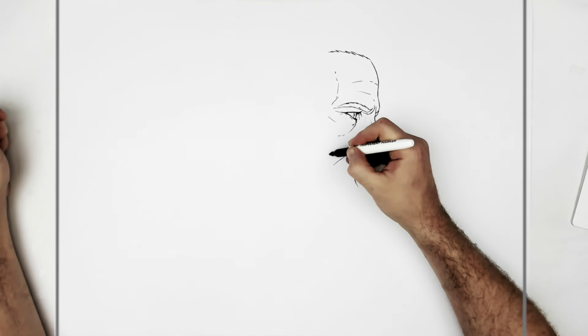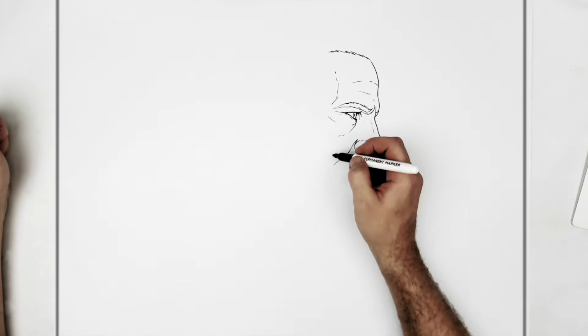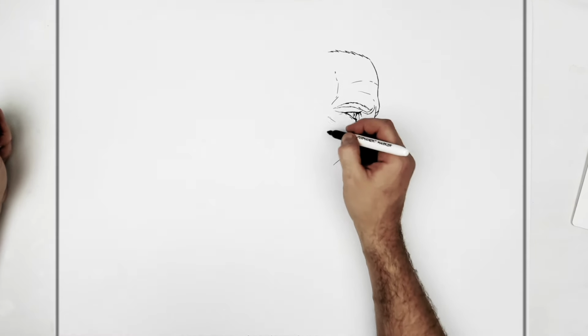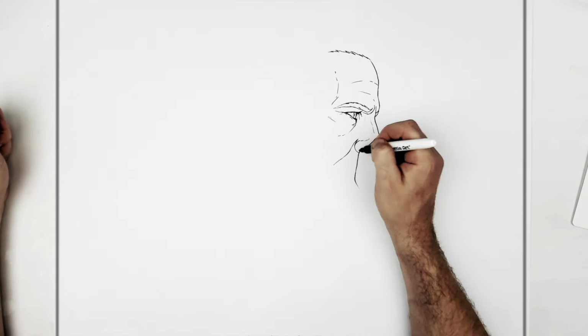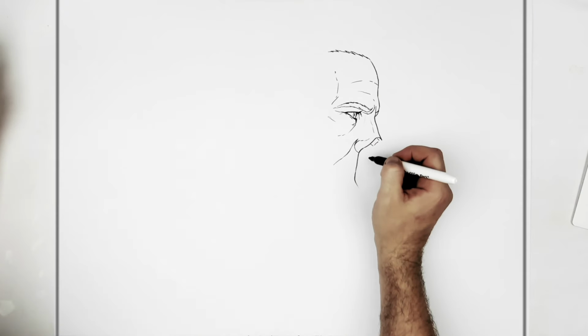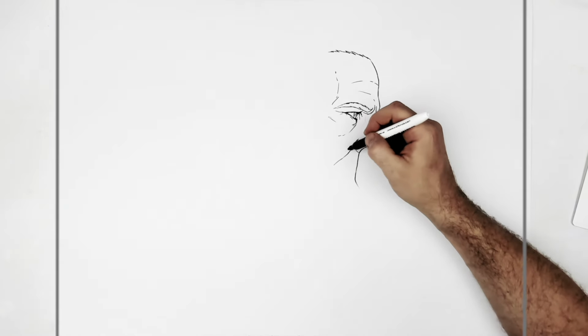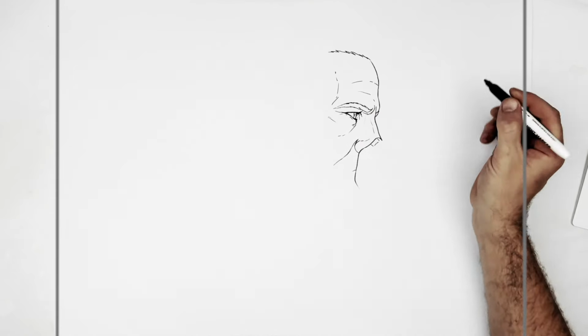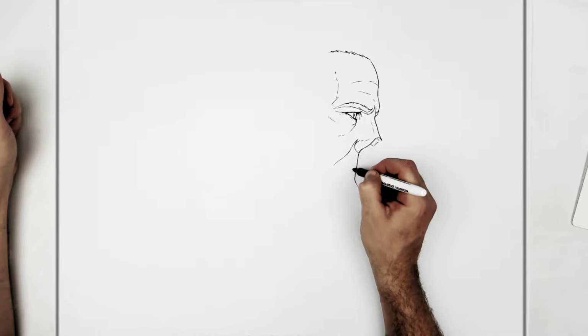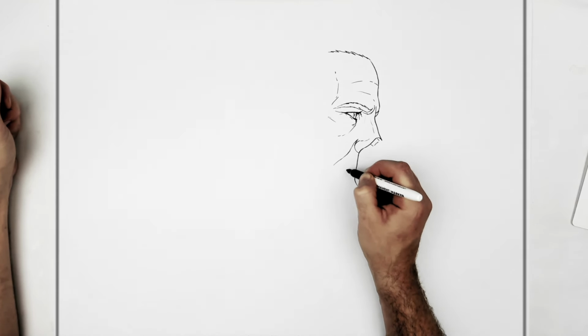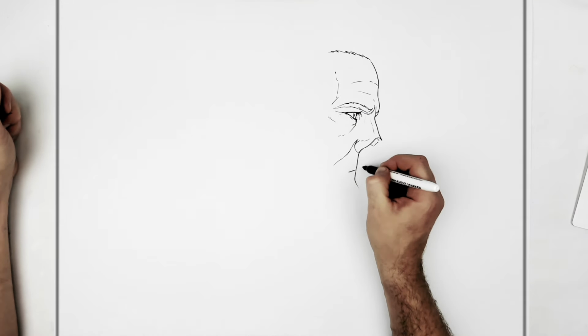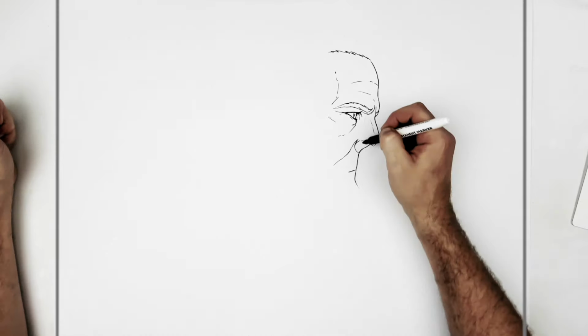So his mouth is, he's open mouth screaming. It's kind of dark inside, so it's hard to see it, but we'll go here for his mouth shape. Maybe it should be a bit higher even.